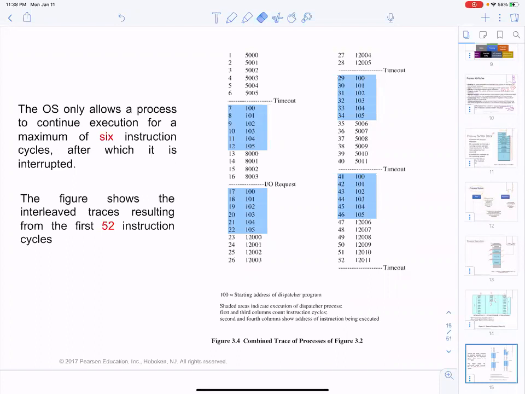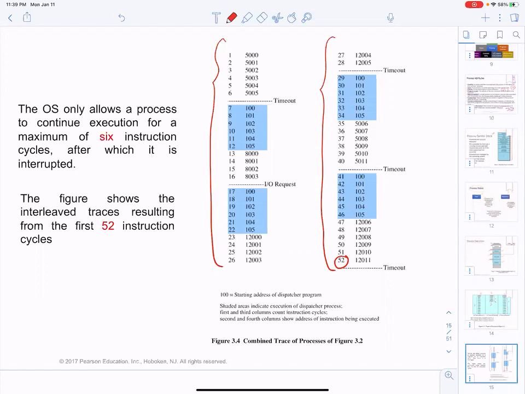If we look at this figure, we can see the interleaved traces that result from running the entire 52 instructions or cycles in total to run the 3 processes. So if I want to run process A, process B and process C in a multi-programming environment, I need a total of 52 instructions. Let me show you how this 52 is calculated.